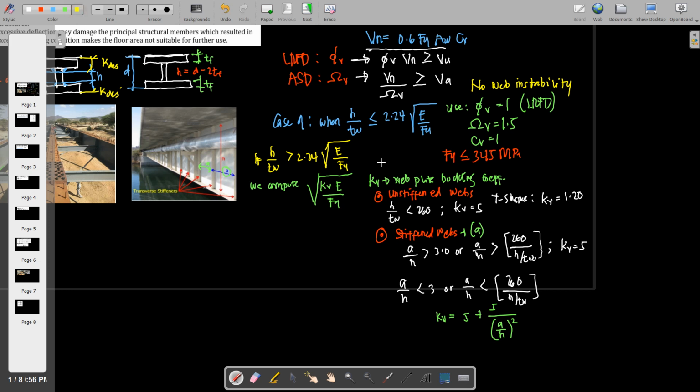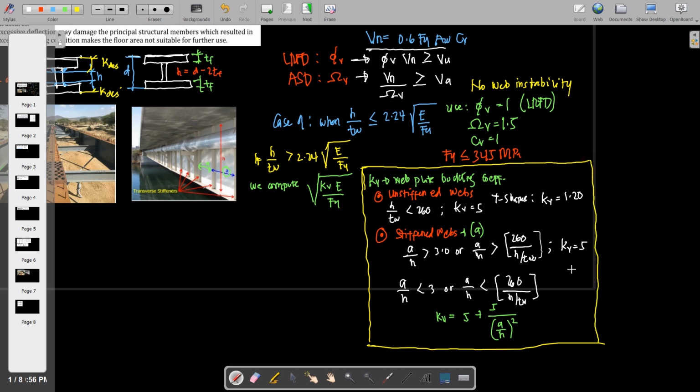Now, let me put this into the box because this is not yet the case 2 computation, but it is only part of the case 2 calculation. Because as we have said a while ago, we need to compute for KV. Because KV is included here in this expression.